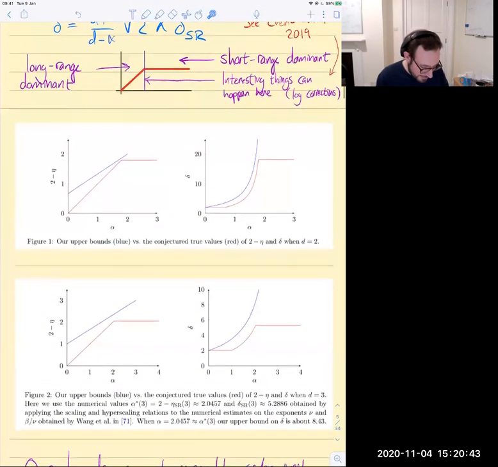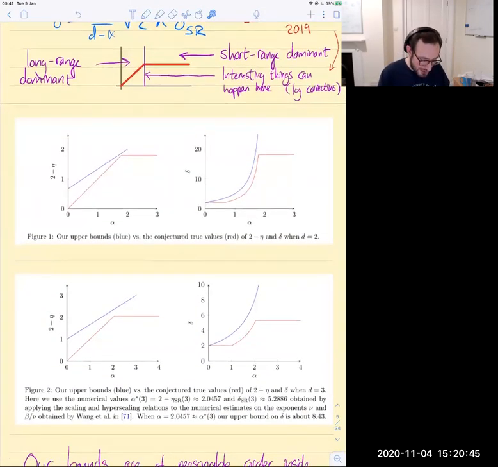So how do the bounds I'm telling you about compare to these conjectures? I have these two graphs copied from the paper here. The blue line is the bound that I prove, and the red line is the conjecture. And they're okay, I think is the answer. They're not wildly wasteful.